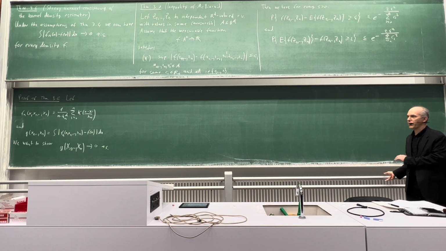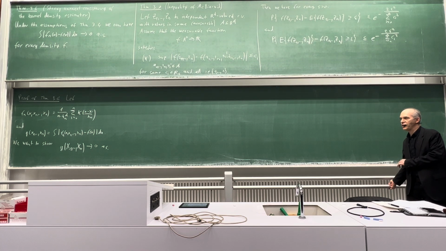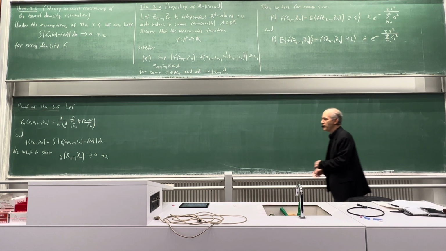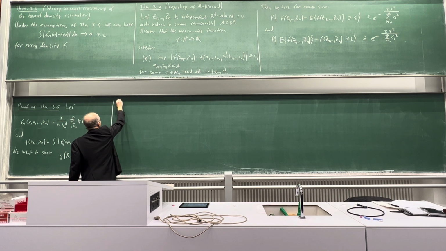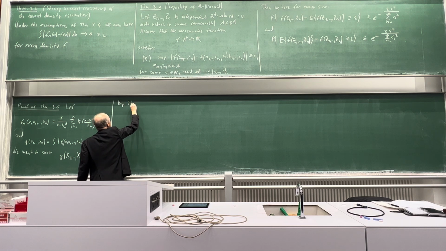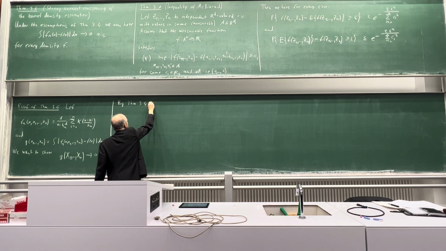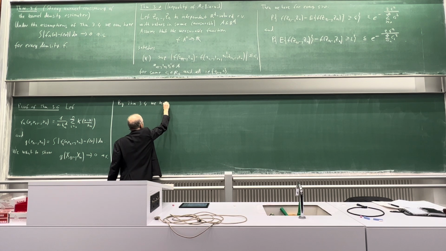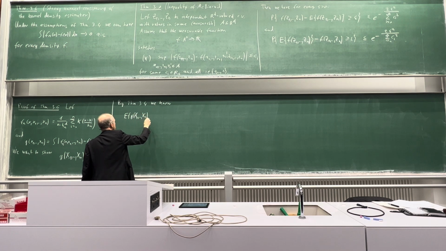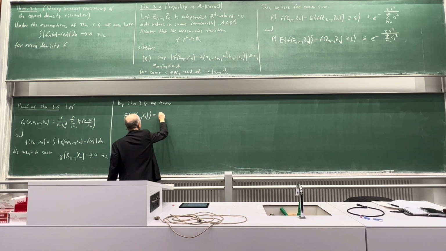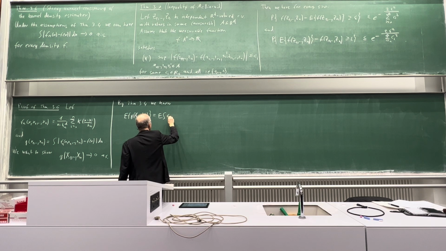And the first thing is, what do we know? That the expectation of g of capital X1 to capital Xn goes to 0 by theorem 3.4. Expectation of g of X1 to Xn, that's the expectation of the integral of fn of x minus f of x.